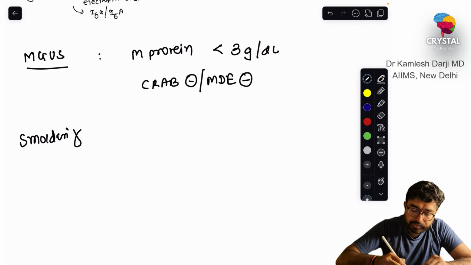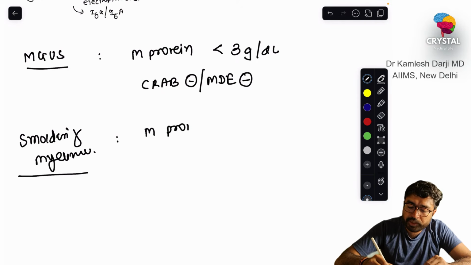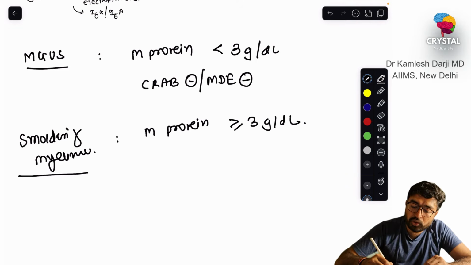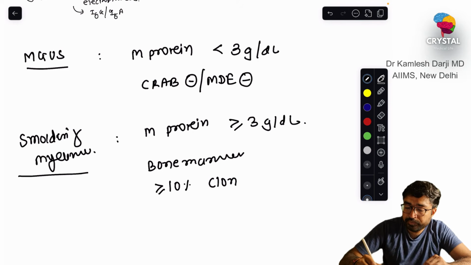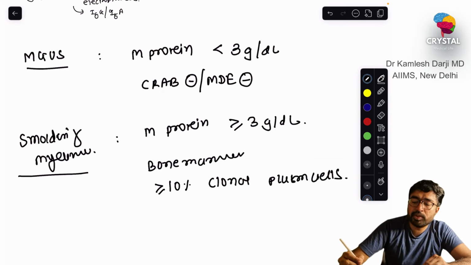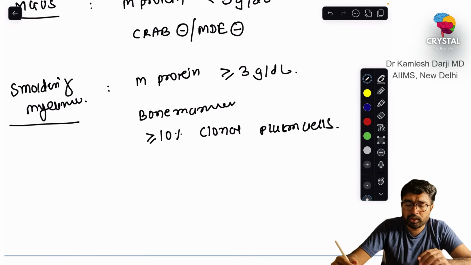Smoldering myeloma. You need M protein more than or equal to 3 gram per deciliter. Also, you need a bone marrow biopsy, and here you will find more than or equal to 10% clonal plasma cells. How will you explain that this is clonal or not clonal?